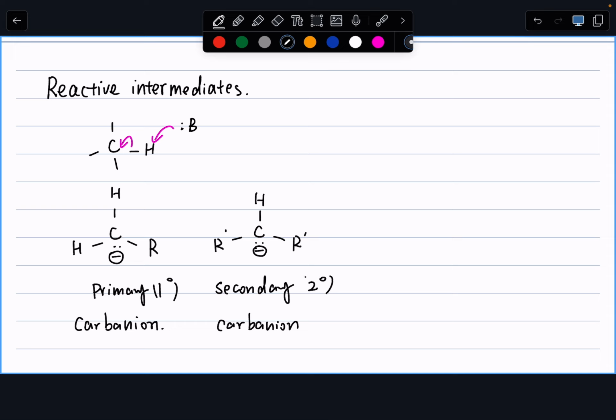Sometimes you also see us writing it as 2 with a little degree sign, so secondary. And we can have a tertiary carbanion, with 3 R groups. So that's my tertiary.